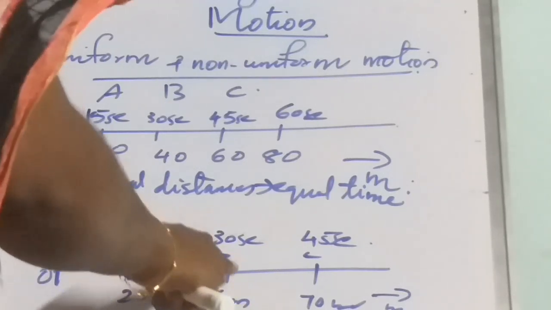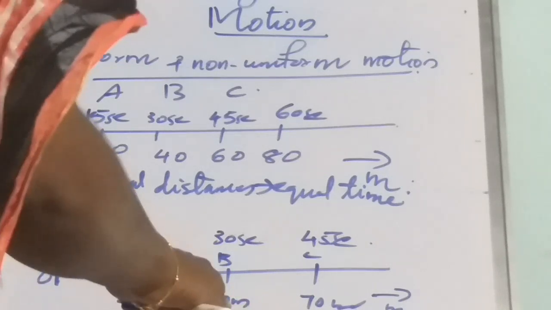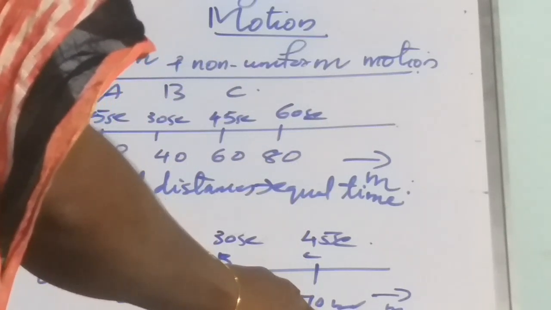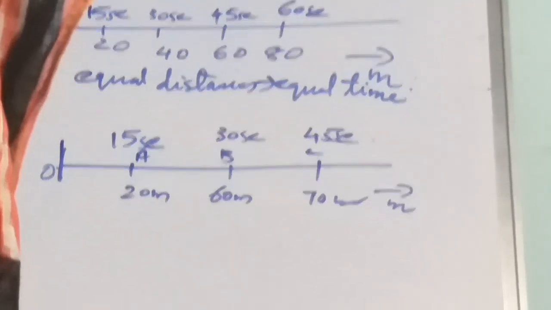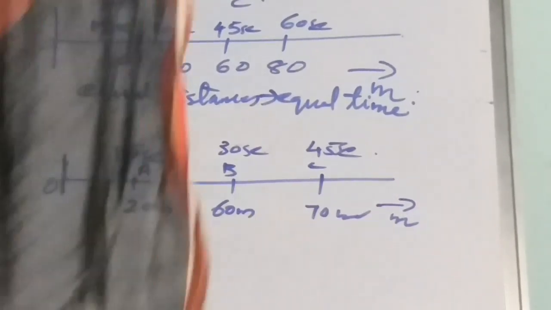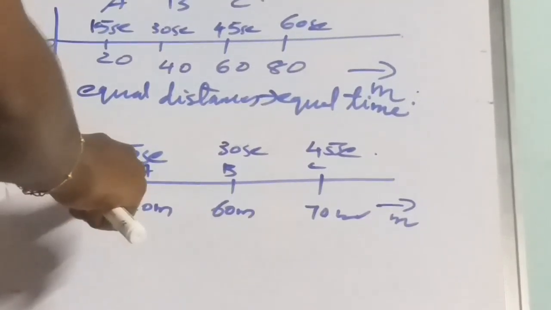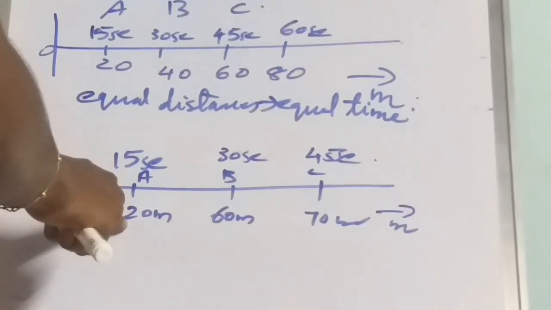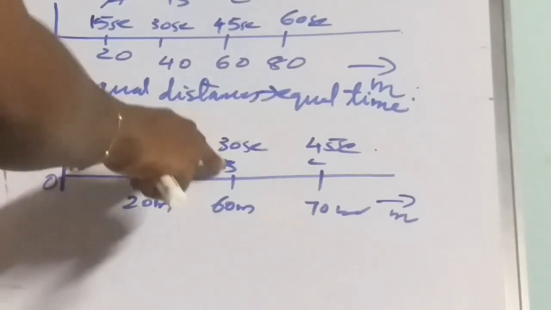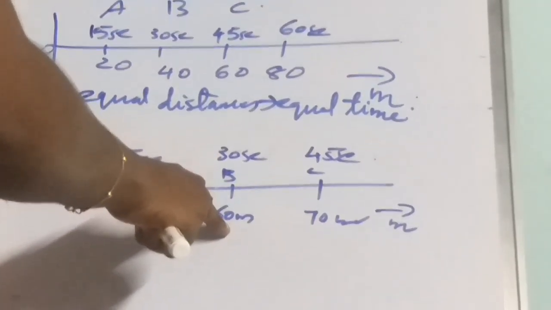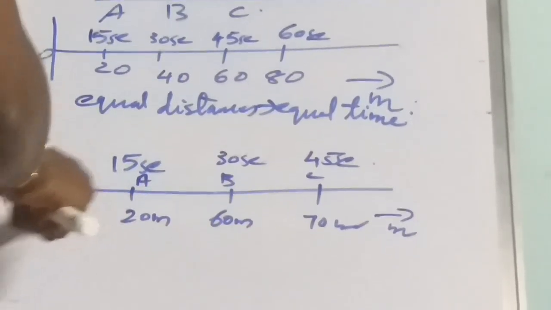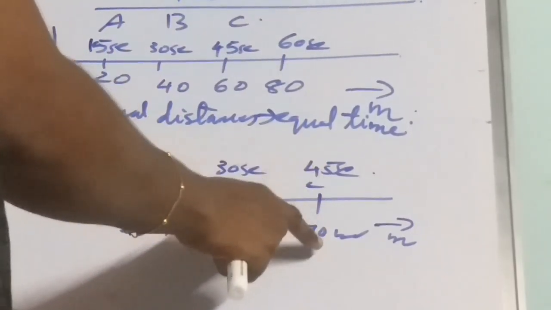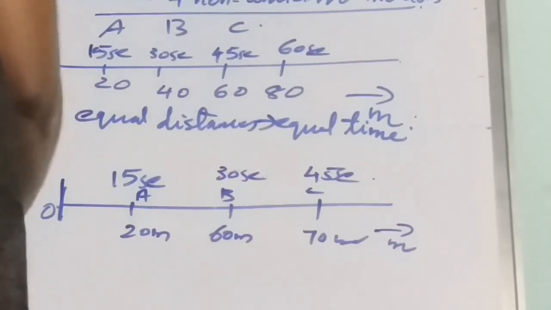In the next 15 seconds it reaches B, which is 60 meters from the origin, and in the next 15 seconds it reaches C, which is at a distance of 70 meters from the origin.